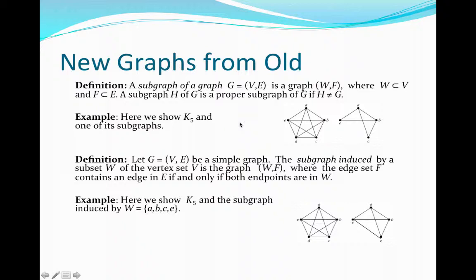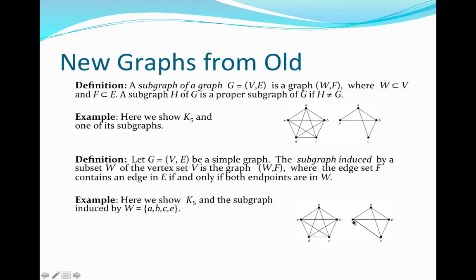In the case that we do want to contain all of the edges of all the vertices that we choose, then this particular type of subgraph is called a subgraph induced by a subset W of the vertex set V. In that case, the subgraph induced from a subset of the vertex set takes all edges adjacent with all vertices in this set W. So, for example, we take an edge if and only if both endpoints are in W. In that case, we would add this edge to this subgraph because it's an edge within the original graph and both of these vertices are here.